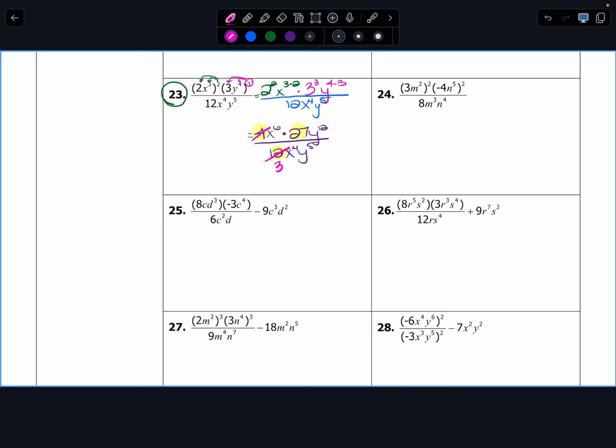And then what do I know about 3 and 27? 3 goes into 27 evenly. So I can then reduce my 3 with 27 and get 9. So I don't actually have to multiply them together to then reduce. I can leave it like that, leave it a mess, and now my answer is really easy.